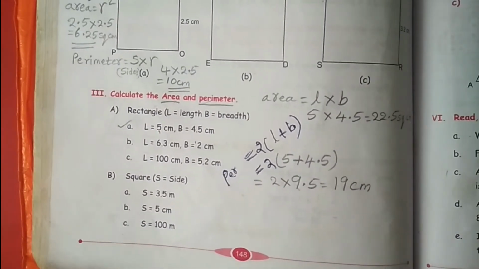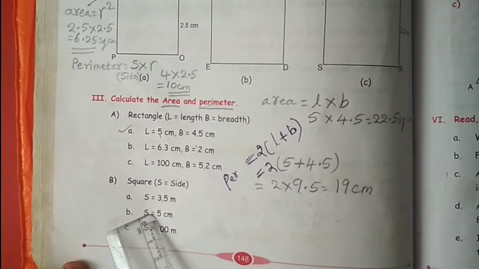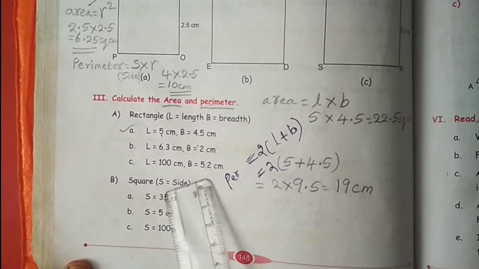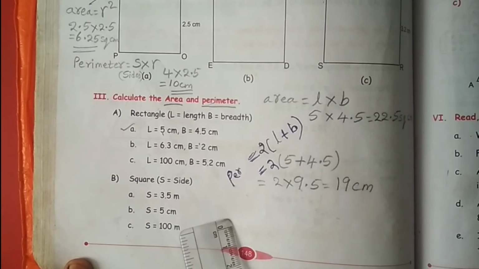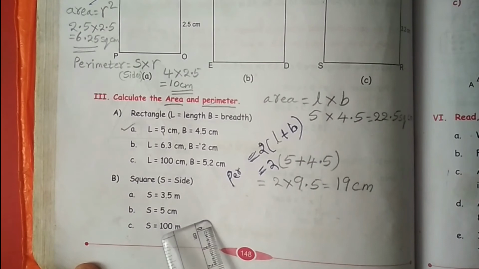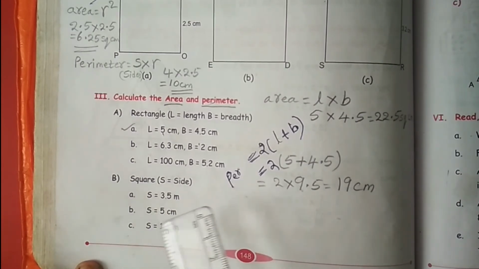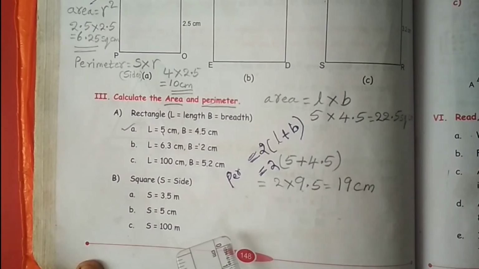Okay. Now, move to the next bit, that is B. We have to find out for a square. Square, S is equal to side. Right. So, what's the formula for this? The four sides are equal for the square. So, S is 3.5 meters. So, 3.5 into 3.5 is 12.25 square meters.